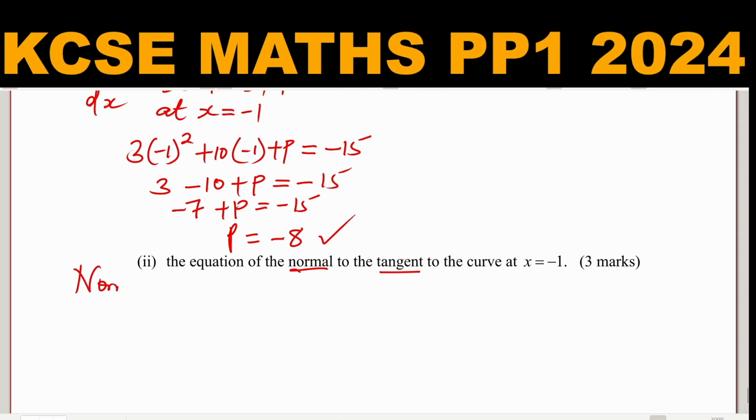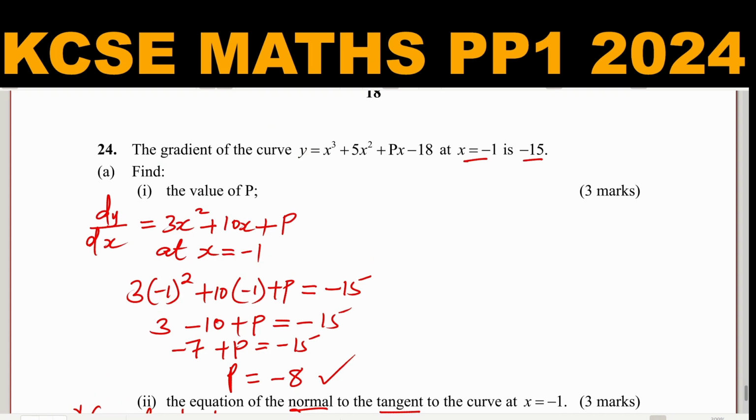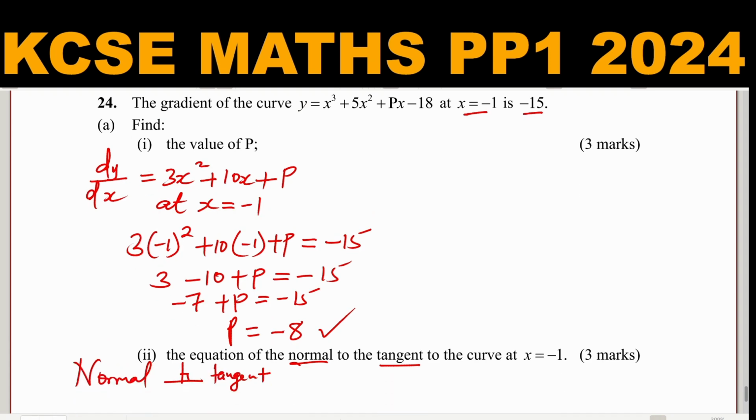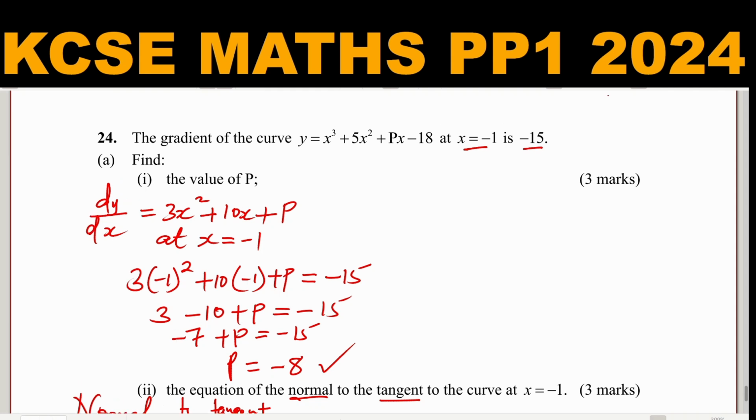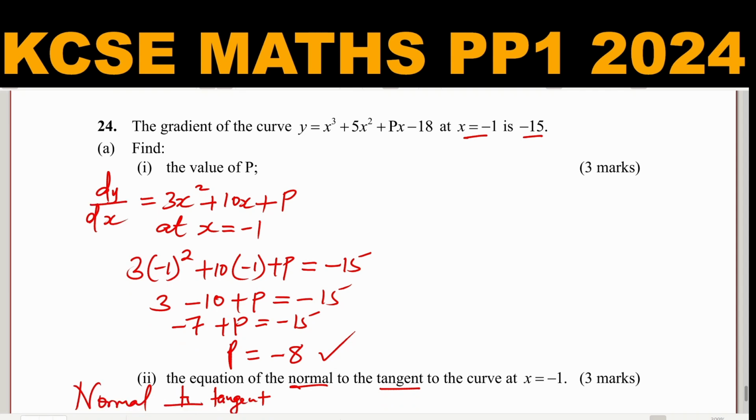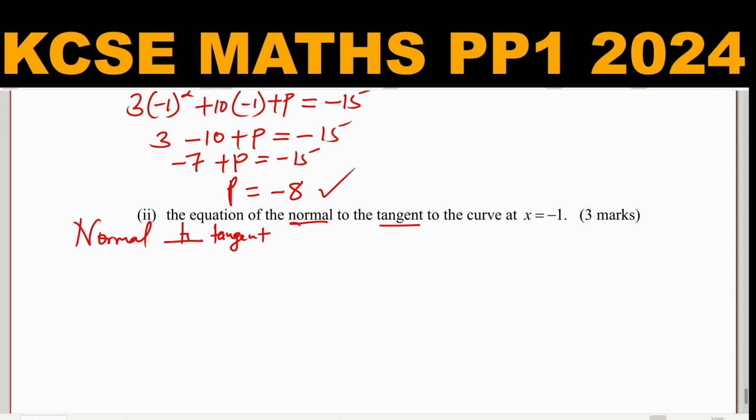We have the gradient of the tangent, and it is given here: the gradient of the curve at x equals -1 is -15. So -15 will be the gradient of the tangent.